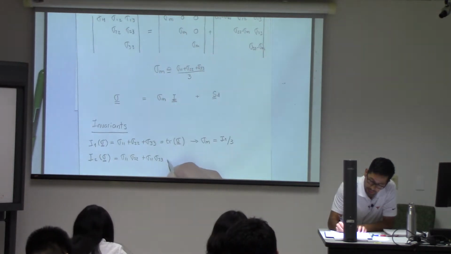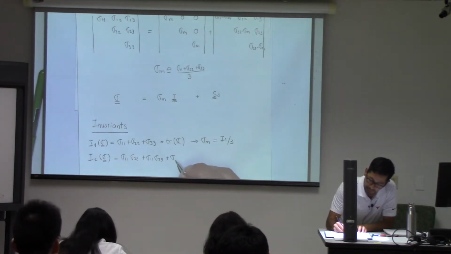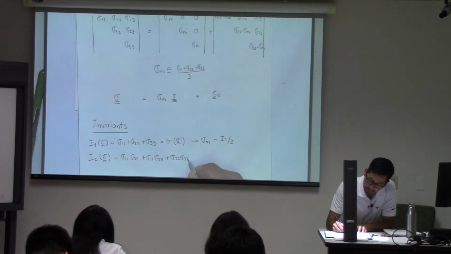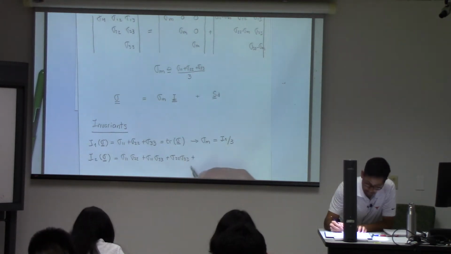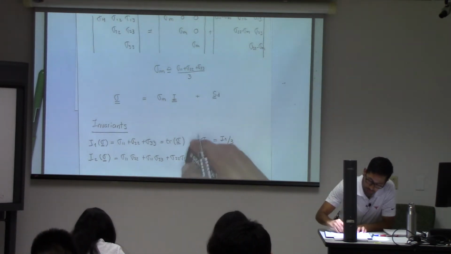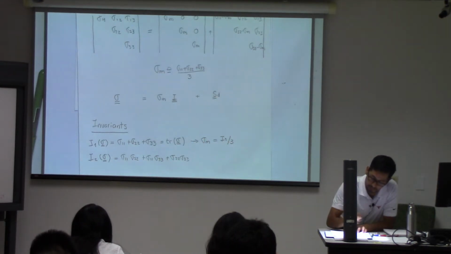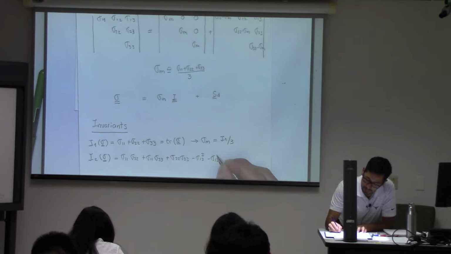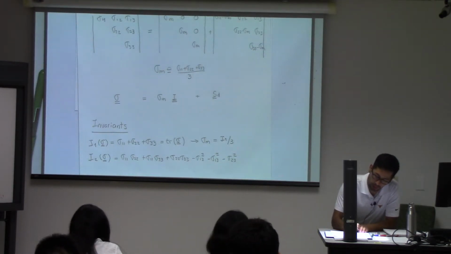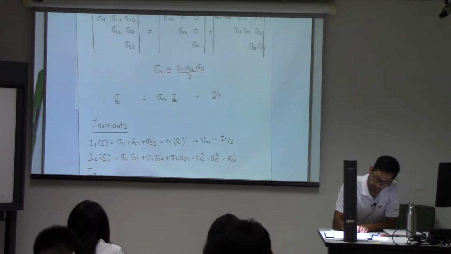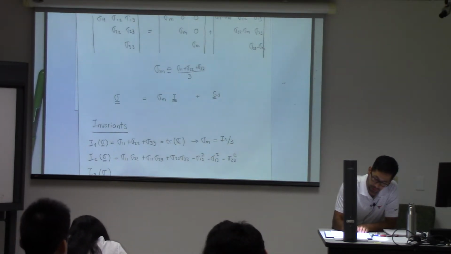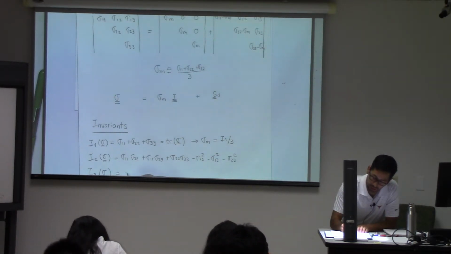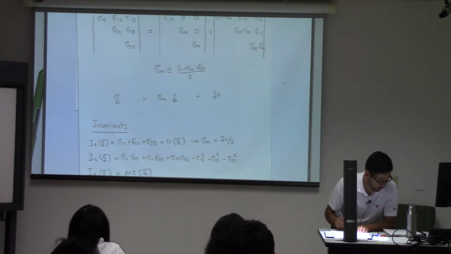It is the product of the diagonal terms minus the square of the off-diagonal terms. And the third invariant of the stress tensor is the determinant of the tensor.